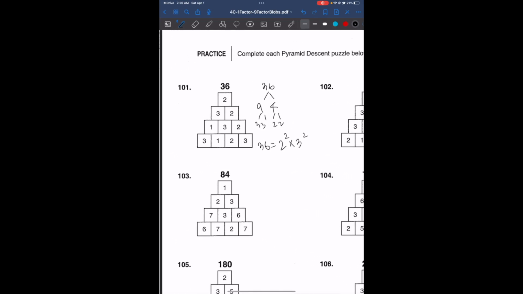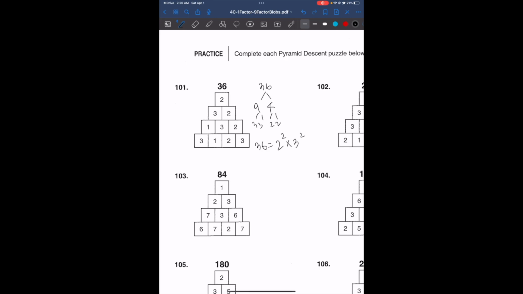And so a path must cross 2 twice and 3 twice. And so we can take this path where 2 is involved twice and 3 is involved twice.